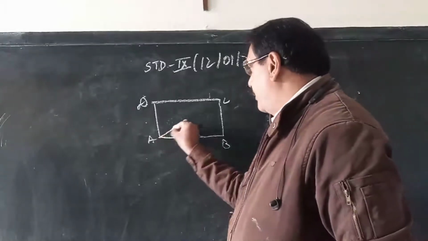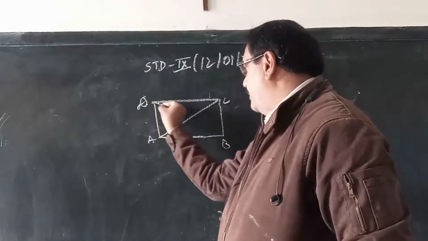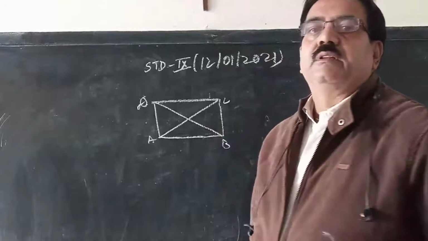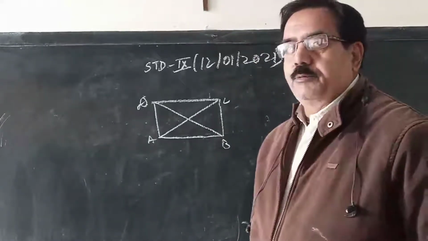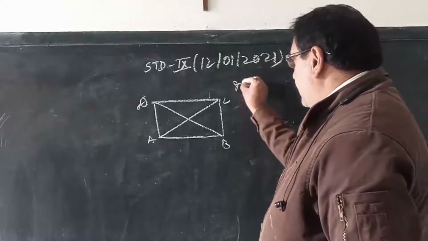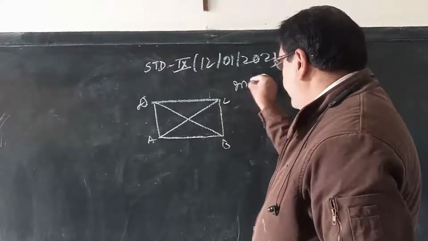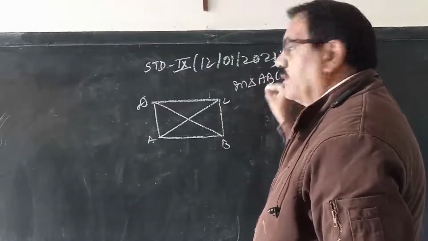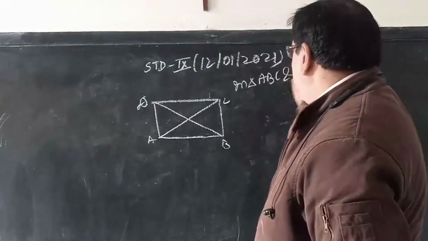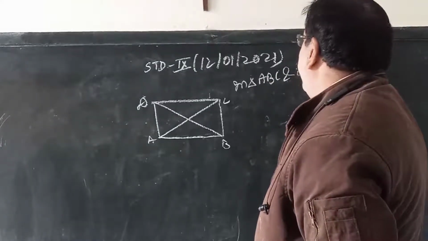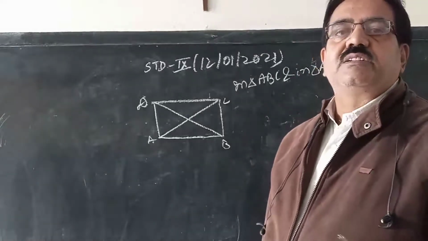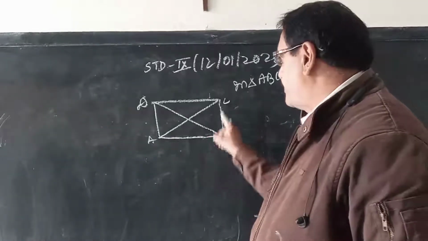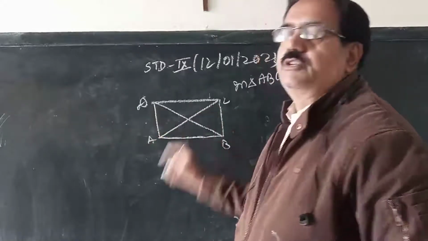So AC is one diagonal, BD is another diagonal. We have to prove them equal. How will we prove it? Taking triangle ABC and triangle ADC, these two triangles.